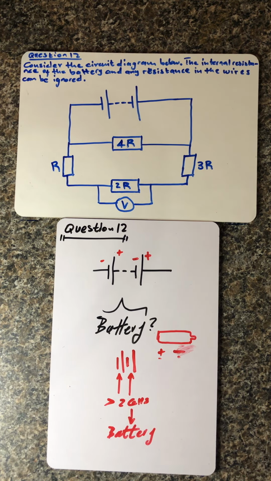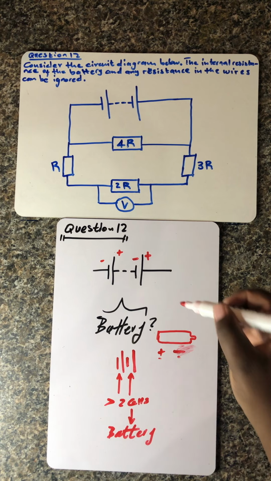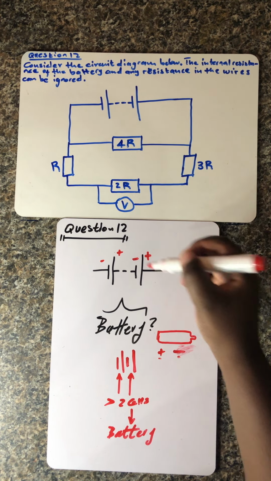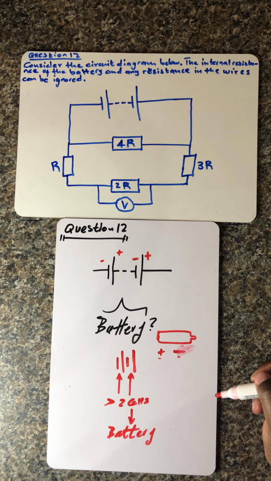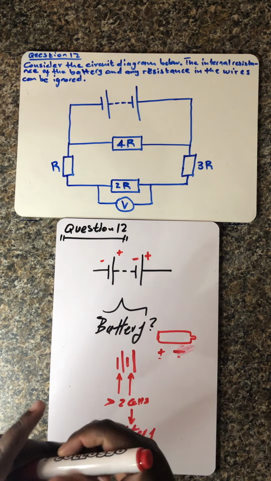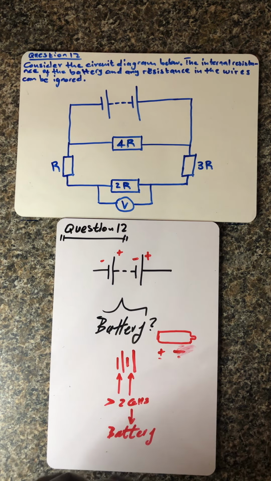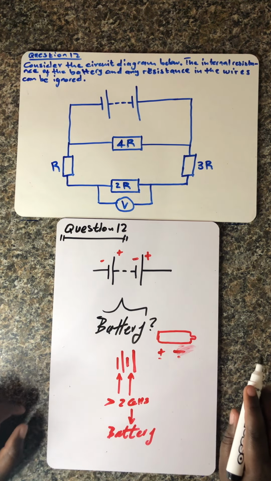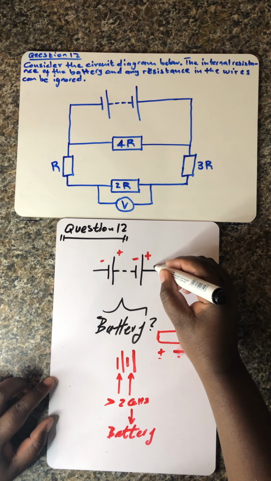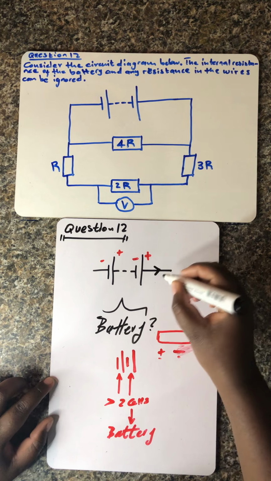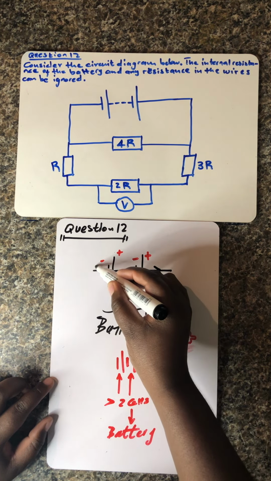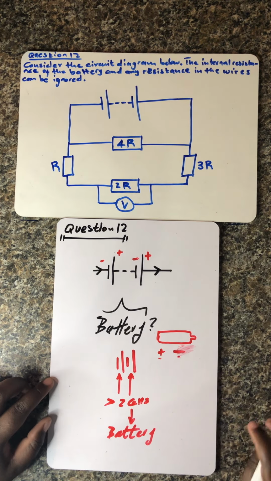Ladies and gentlemen, it was very, very much important for me to understand the positive and the negative side of the battery. Why? Because by knowing which side of the battery is positive and which side is negative, I then understood that the electrons move from the positive side of the battery all the way up to the negative side of the battery.